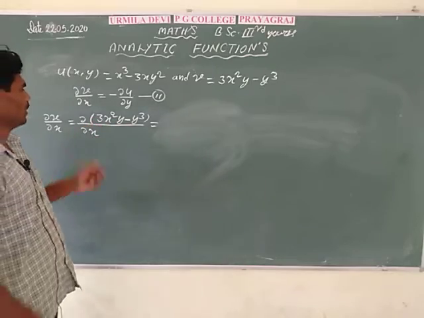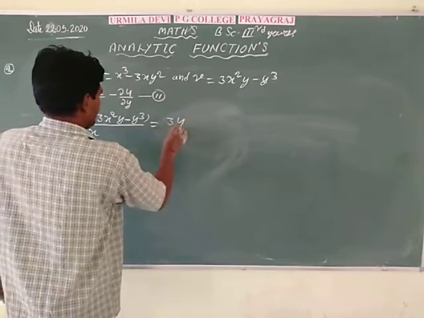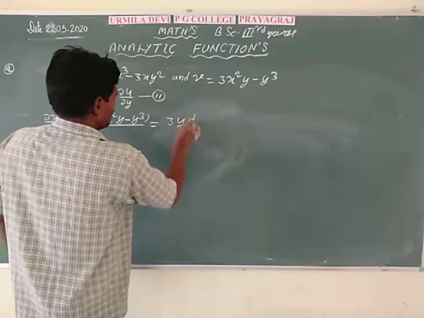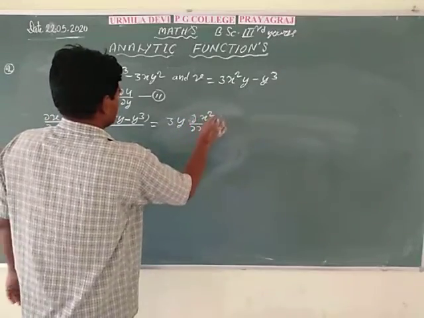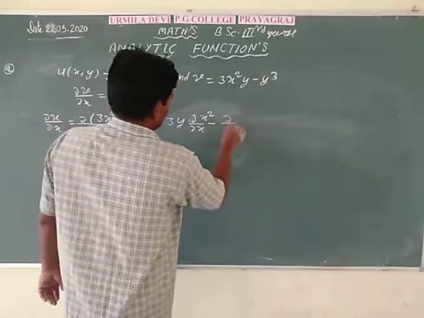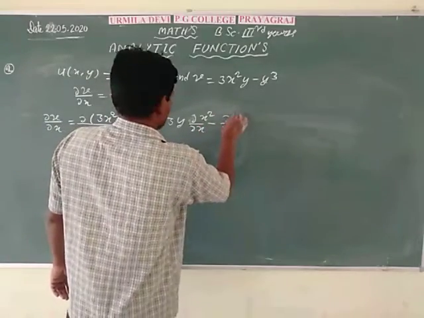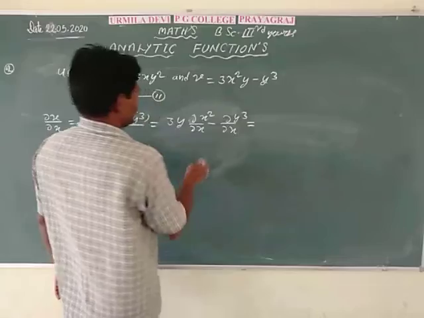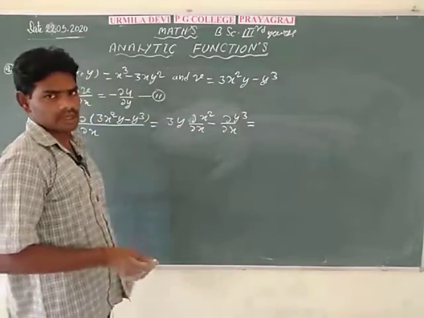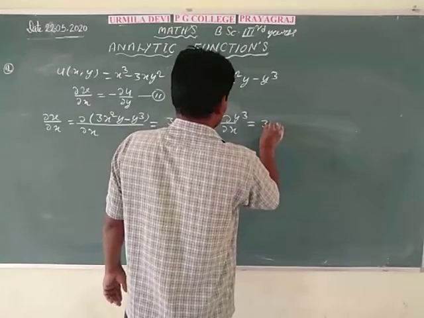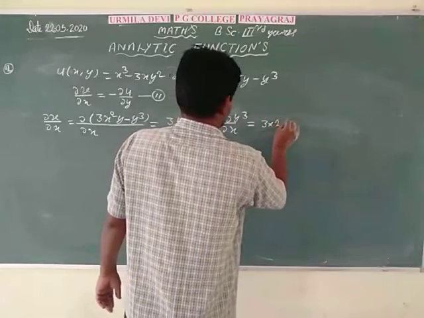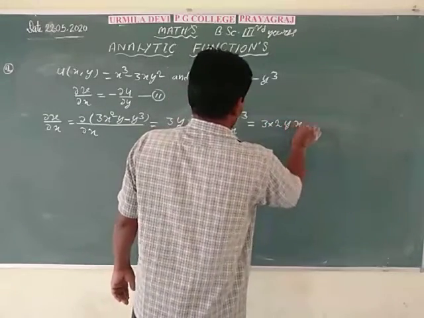So it is 3y outside, and del by del x of x square, minus del by del x of y cube. This is equal to 2x by partial differentiation, so it is 2 into 2y into x.